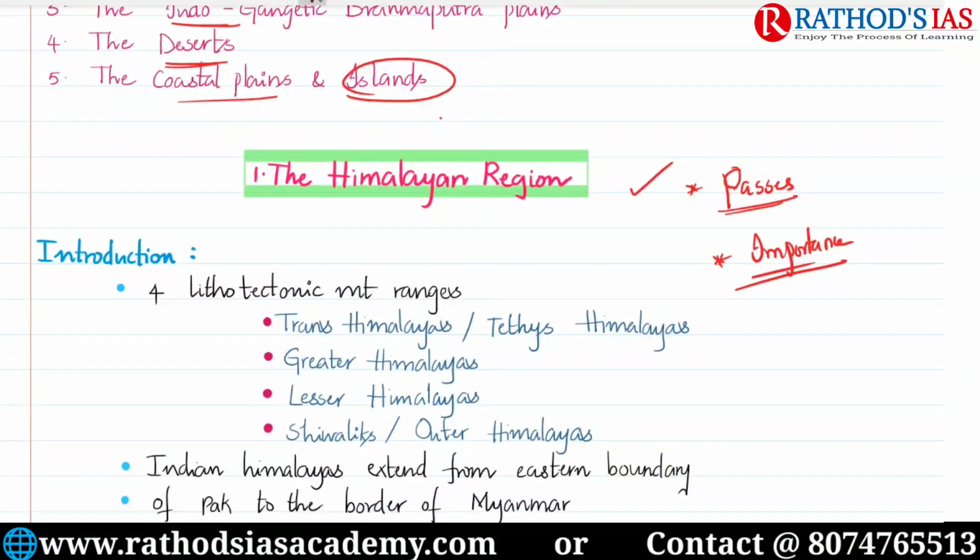I will be writing what you have to refer regarding the Himalayas. First you have to see the introduction, and then different theories. In these theories, we are going to discuss 2 important theories. Next you have to see the different physiological divisions of the Himalayas: Trans Himalayas, Greater Himalayas, Lesser Himalayas, Shivaliks or Outer Himalayas.